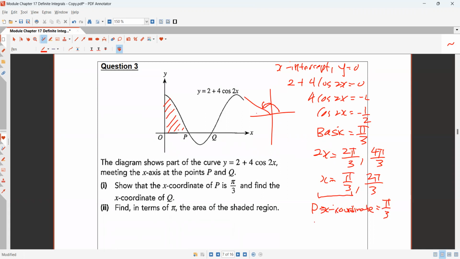Then how about the Q x coordinate? It will be 2 pi over 3. Both are here already. Okay, so this part you have shown. This one is for P because it's on the left hand side. So on the right hand side, the Q should take the other one, 2 pi over 3.